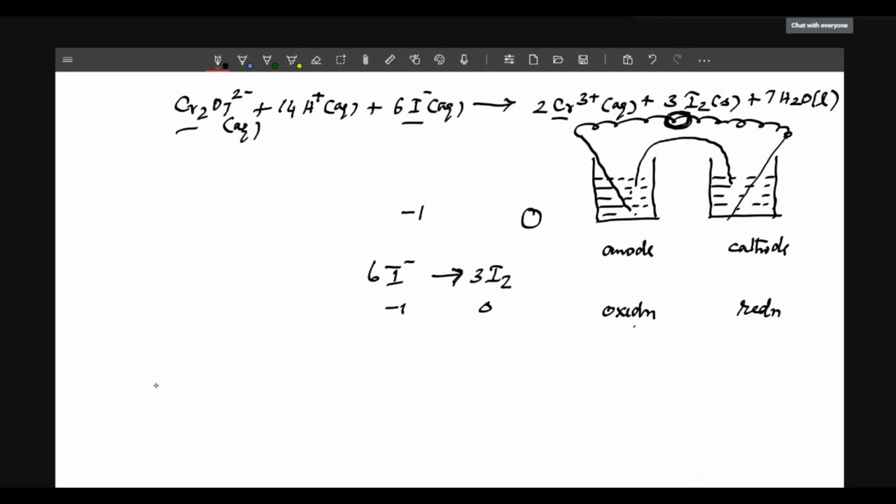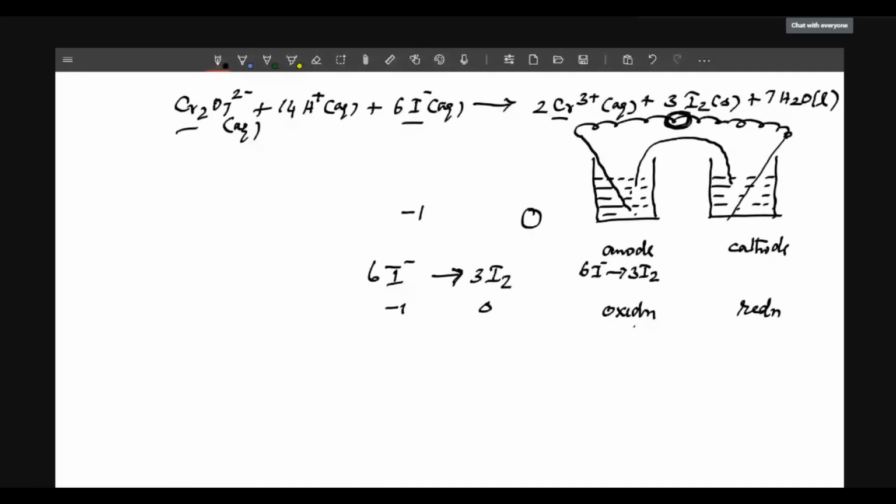Therefore, here, which reaction is taking place? 6I- is converted into 3I2. How many electrons are consumed or released? Oxidation means the electrons should appear on the product side.